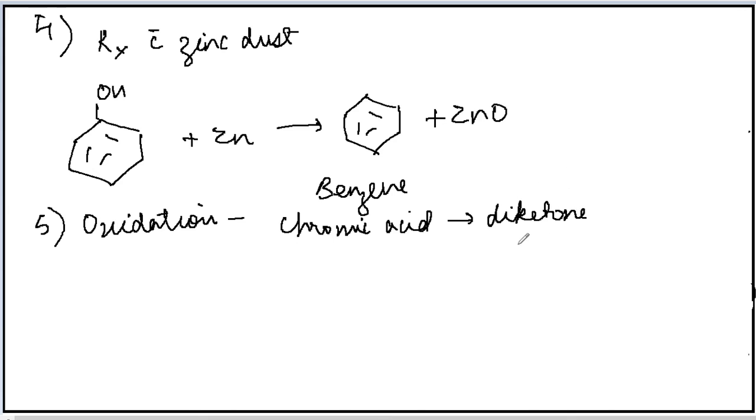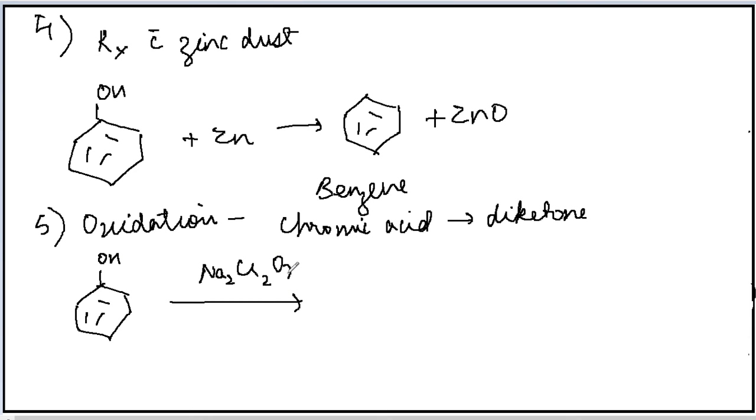Diketone means two ketonic groups will be there, and its name is benzoquinone. Just look at the reaction. Phenol. Reaction takes place in presence of chromic acid. As a result of this oxidation of phenol, it gives you a diketone.